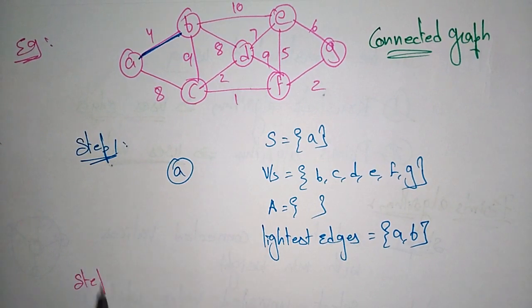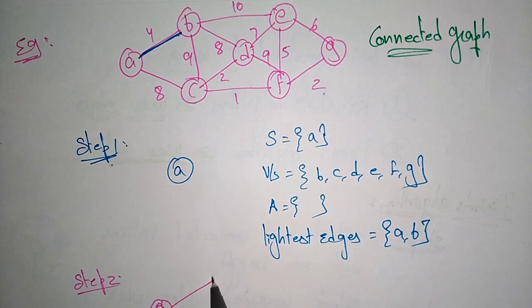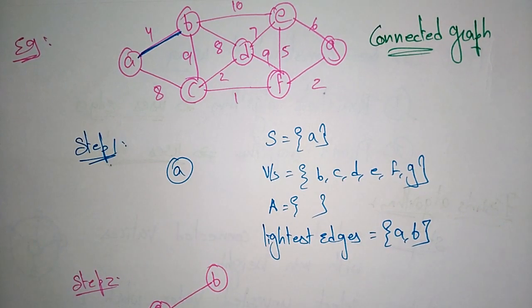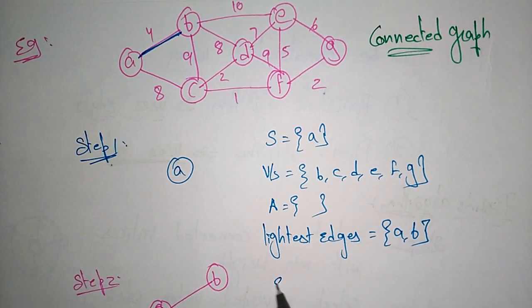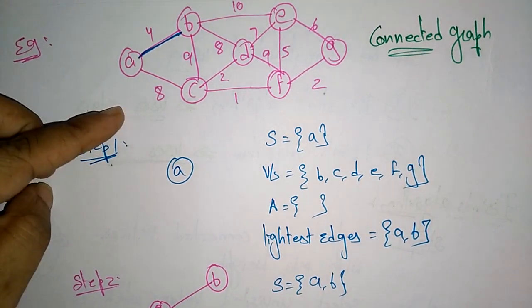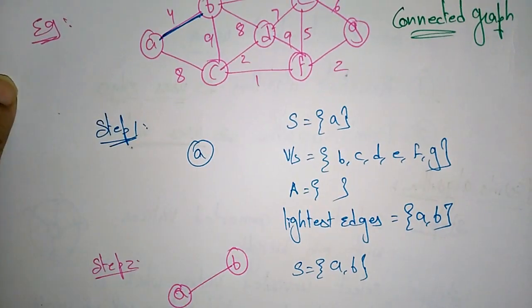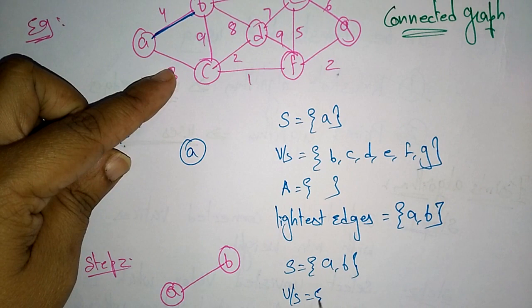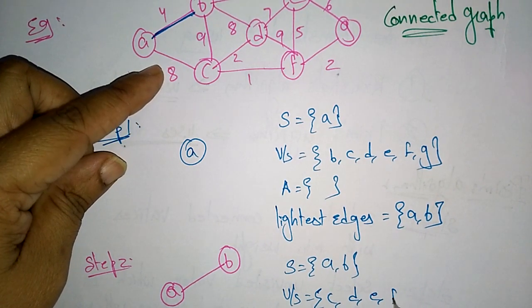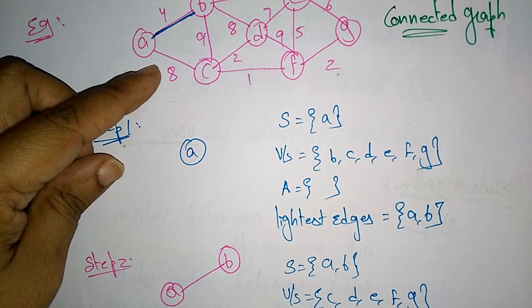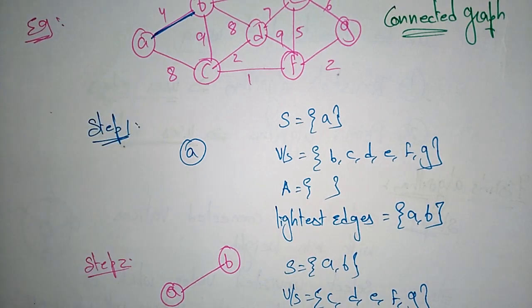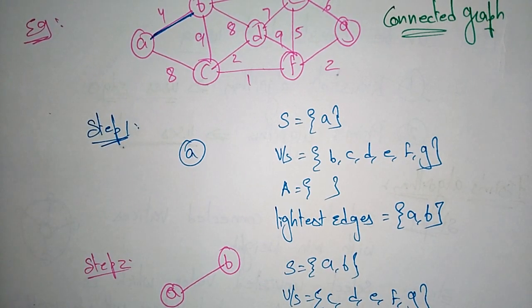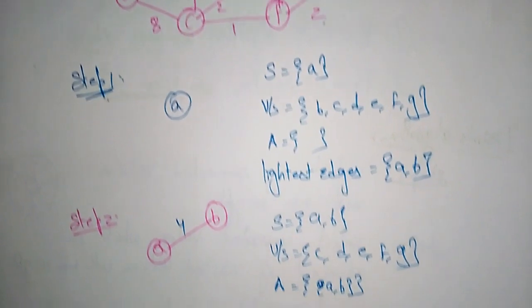In step 2, I am taking A, B. Now here the set contains 2 vertices, A and B, and the remaining vertices are C, D, E, F, G. The set contains A comma B, and this is the weight 4.